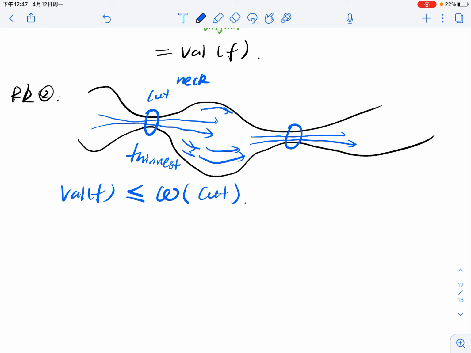The theorem actually constructs the best case: if the thinnest part, for example, is p, then you can always find p long lines from S to T, and they are disjoint.